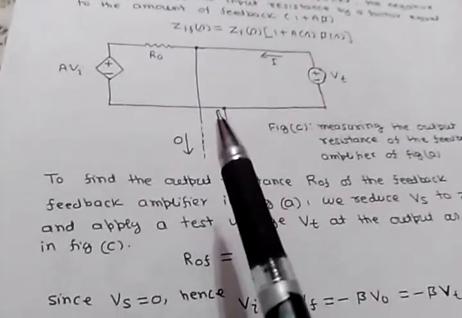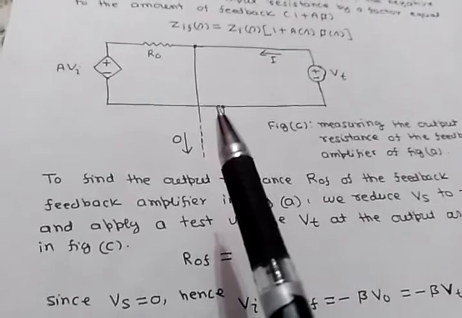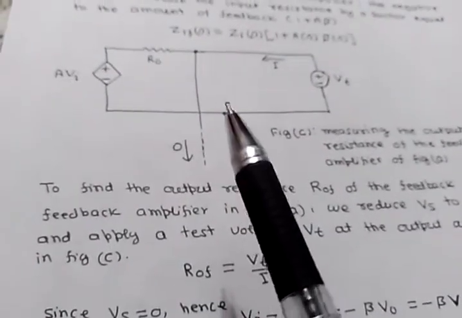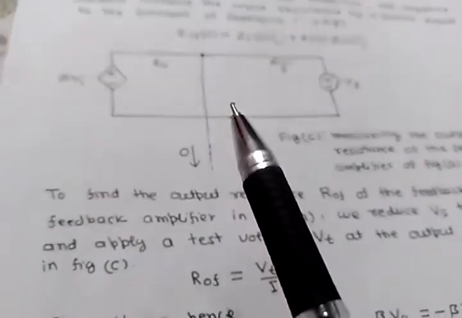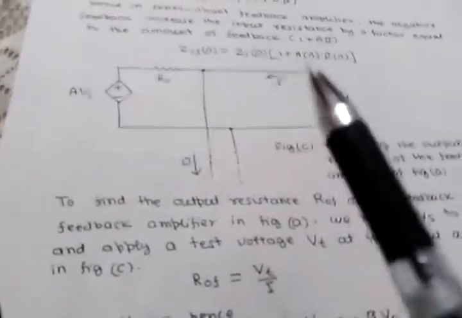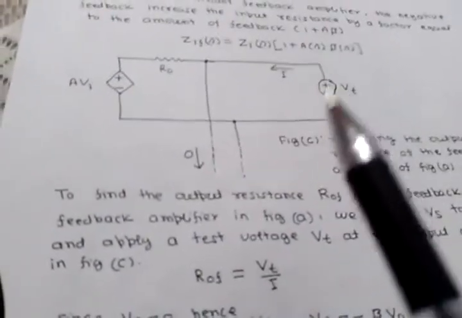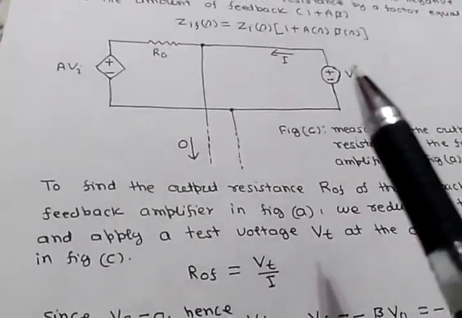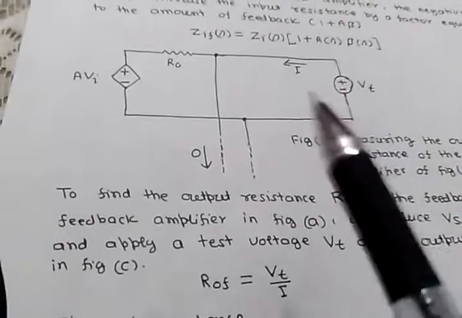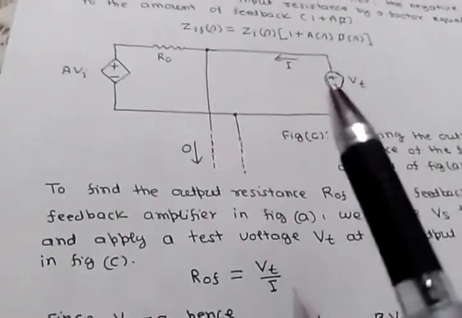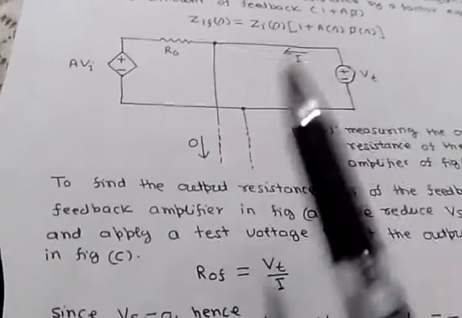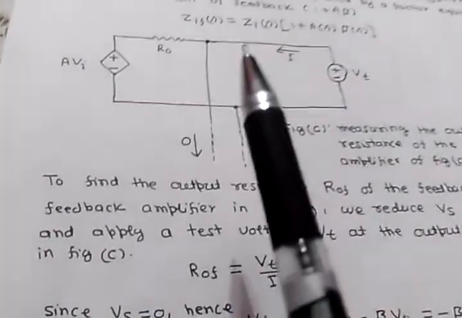This is the output section of the series shunt feedback amplifier for the measurement of output resistance with feedback. In this case, at the output terminal, a test voltage Vt is applied. We have to calculate the current due to this test voltage in the output circuit.